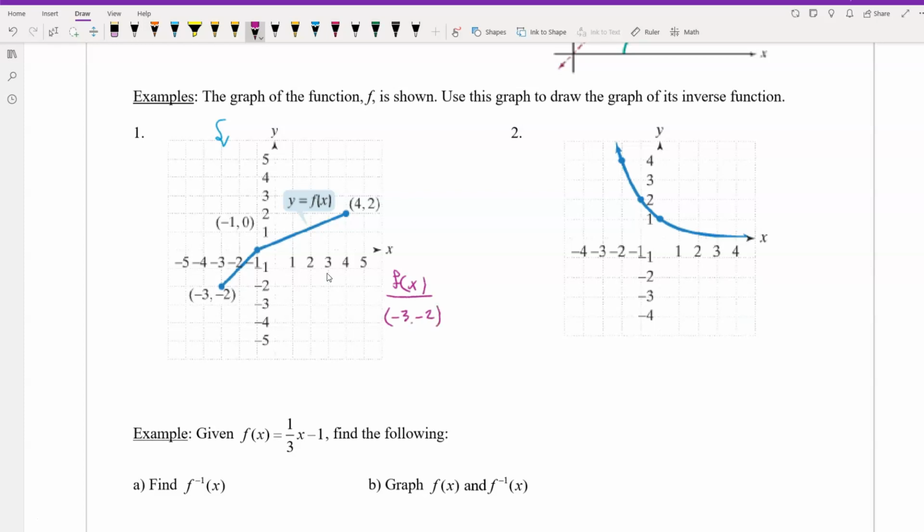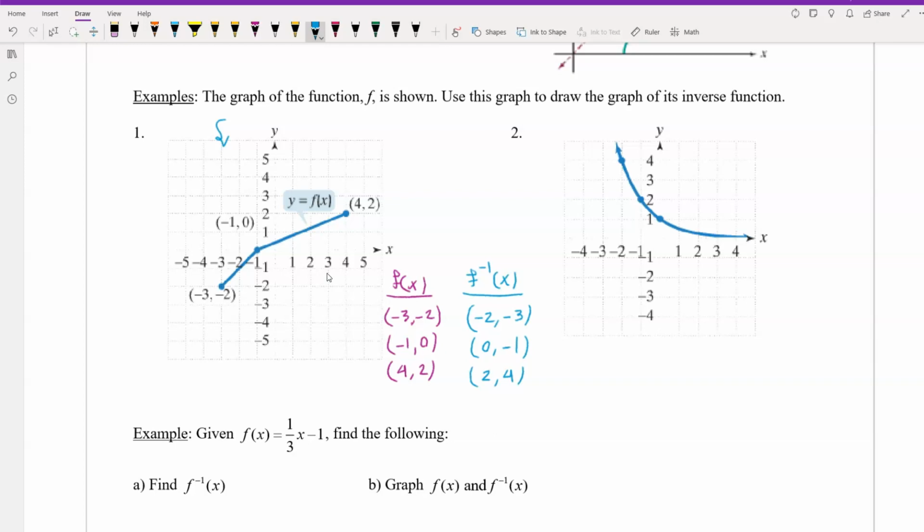(-3, -2). Then we have (-1, 0). We have (4, 2). And then based on that, what we have for the inverse, we have to interchange x and y. So we have (-2, -3), (0, -1), (2, 4).